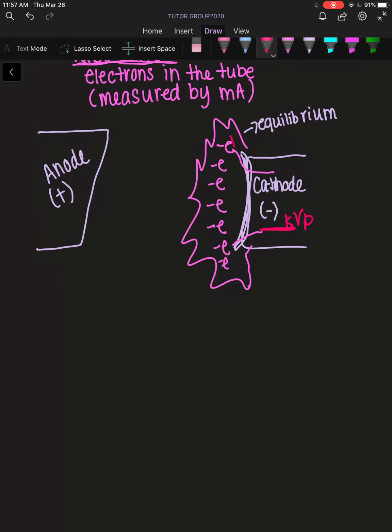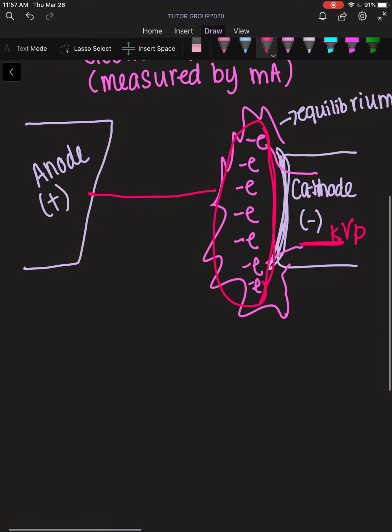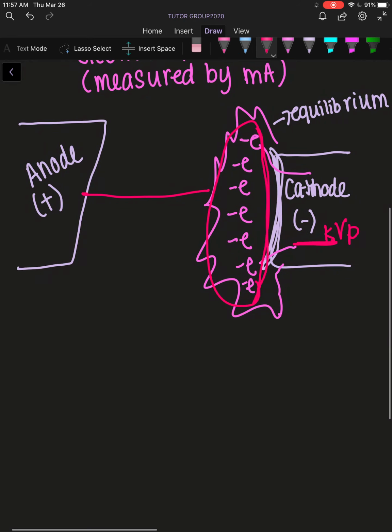Now, this kVp is going to give these electrons the push that they need to get over here to the anode. And we know that once they hit the anode, they're going to go through many different types of interactions to be able to create an X-ray. Now, this is why I'm showing you this tube current: these electrons are traveling at a very, very high speed, and remember it's only about an inch or an inch and a half between the cathode and anode.